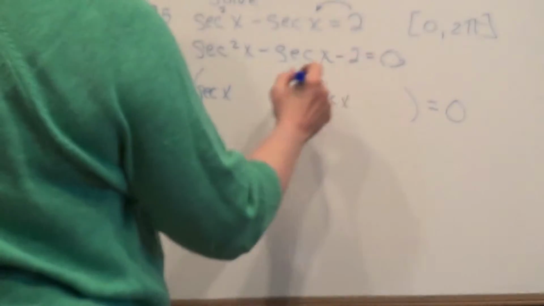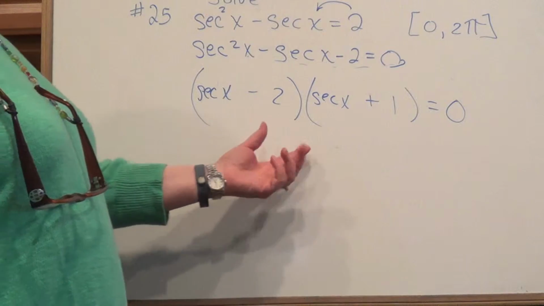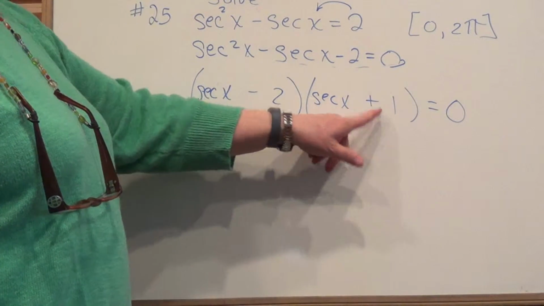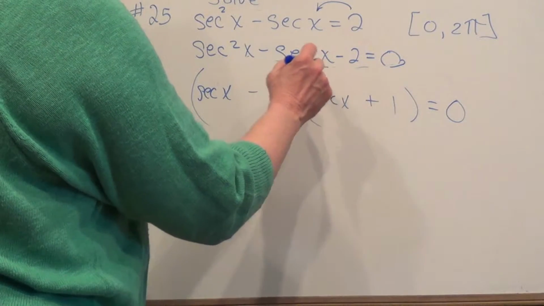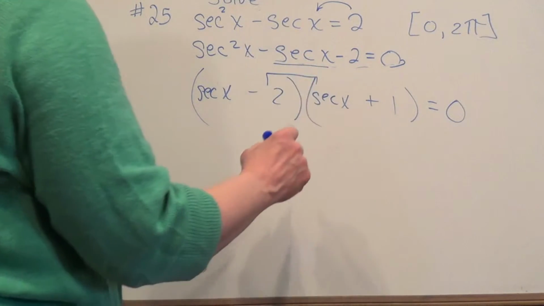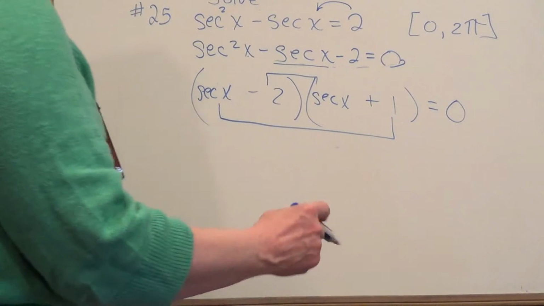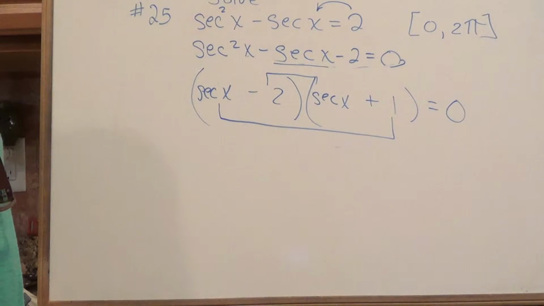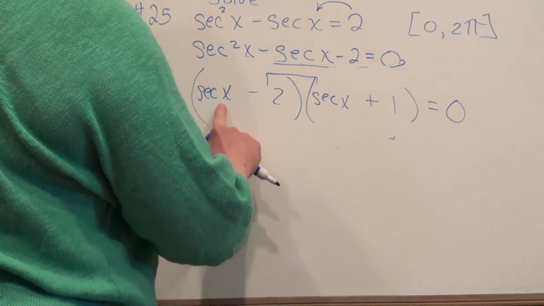And then the last times the last is going to be similar to what we saw in Algebra Land. Let's see if the inner and outer product will give me that. The inner product gives me minus 2 secant x plus the outer product 1 secant x, and that does add to a minus 1 secant x.